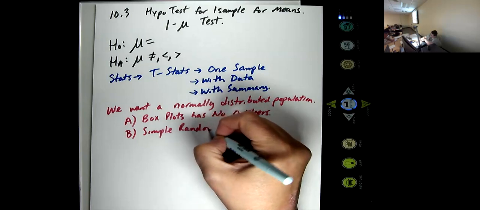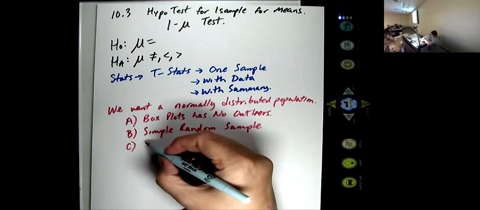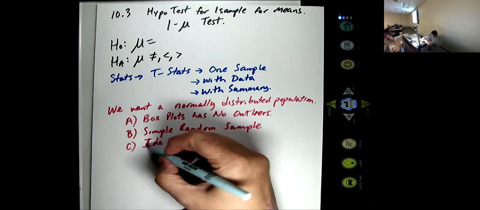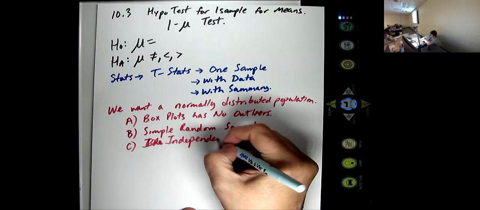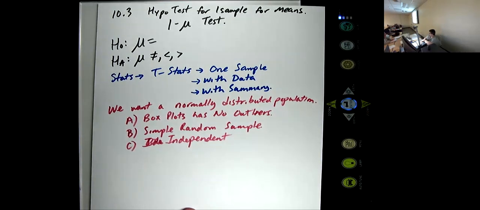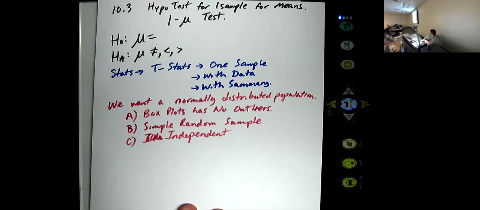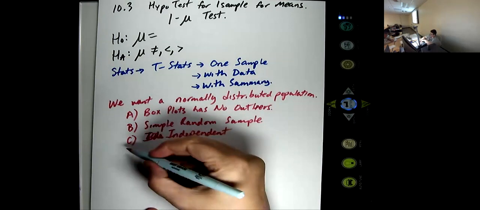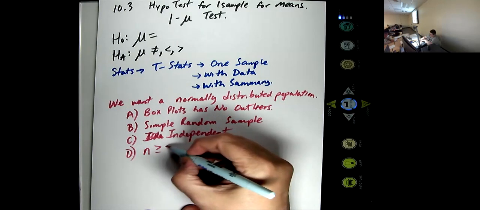You want it to be random, and all the things are independent. We will actually have a hypothesis test where dependency is required. There has to be dependency between two different groups. It's called a paired test. And you want n greater than or equal to 30.